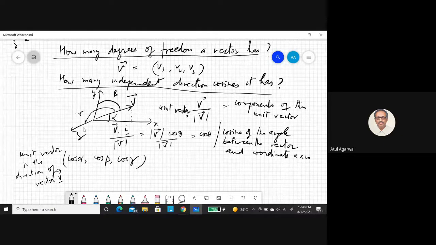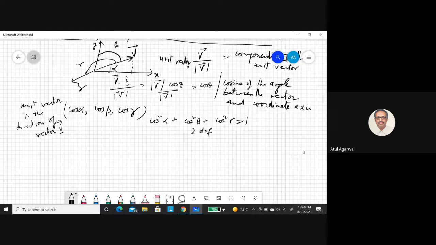Now, what is the property of a unit vector? Its magnitude is 1. So these direction cosines have only 2 degrees of freedom. So a vector is represented by magnitude and direction.